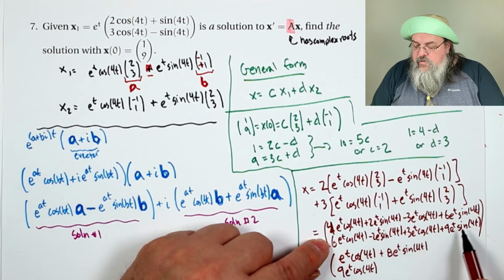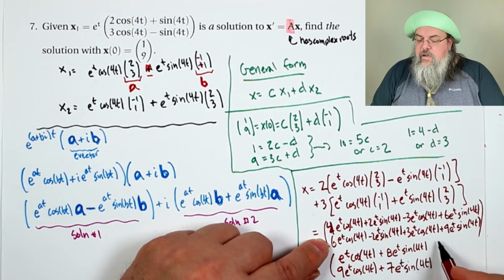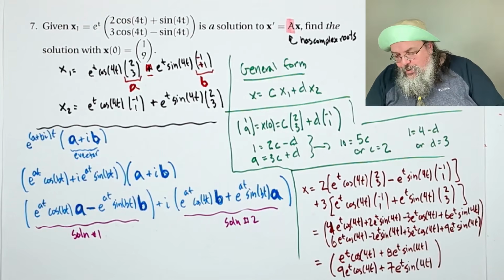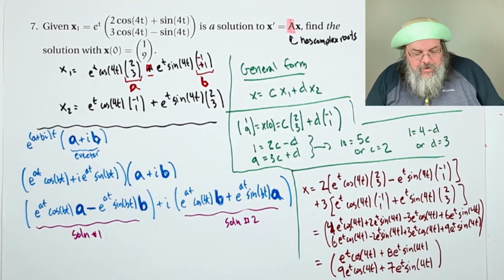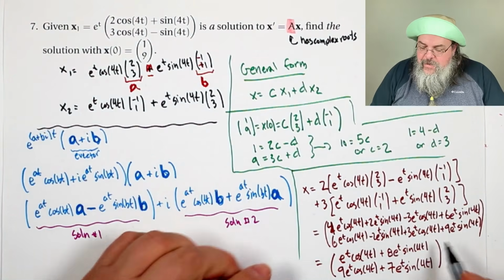Minus 2 plus 9 makes 7 e to the t sine 4t. And we're done. Whew. Oh, thank goodness, because we ran out of paper. But yeah, there you go.